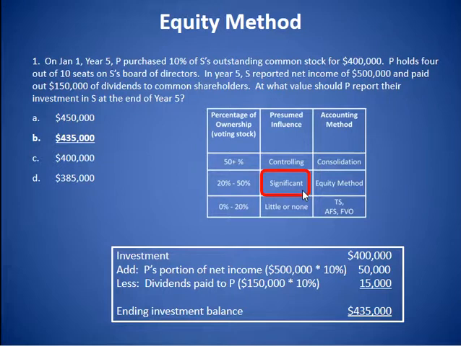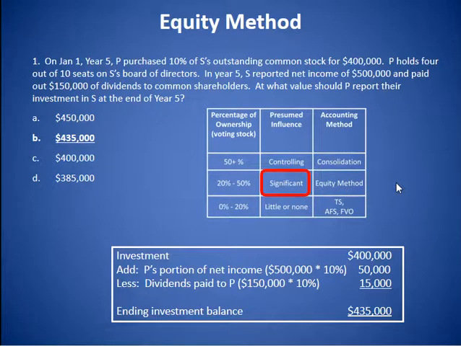Under this case, the influence was presumed to be little or none. However, because we know that 40% of the board of directors is made up of P's representatives, we probably have at least significant influence, not necessarily controlling, but significant influence, which would state that we'd probably be using the equity method.